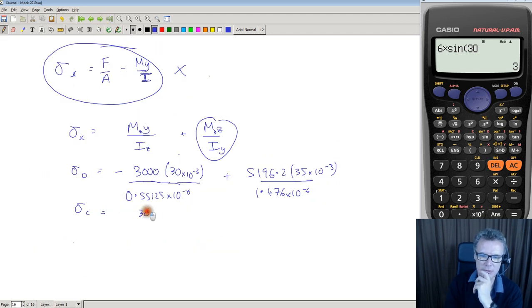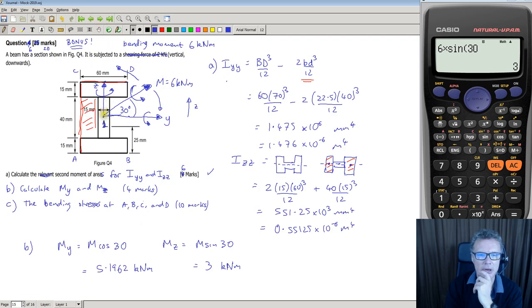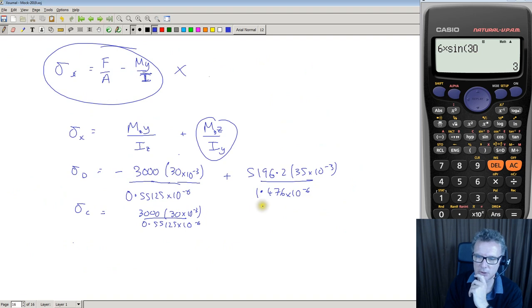So you've got the same thing as above. Okay, and then to go from this axis up to C, what's that going to be? That's 35. So same thing as above. 5.1962, 35 times 10 to the minus 3.